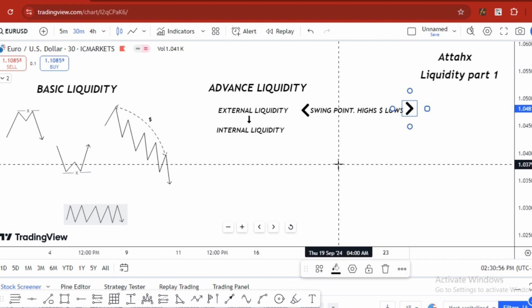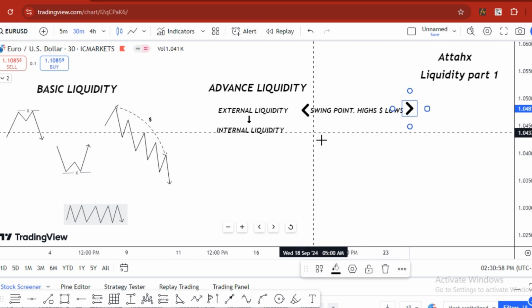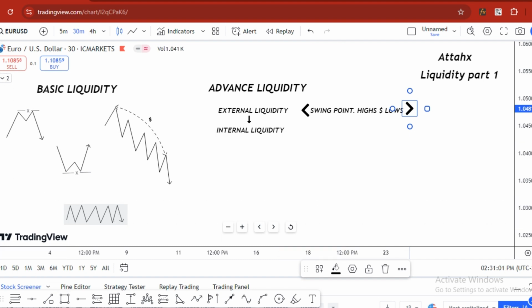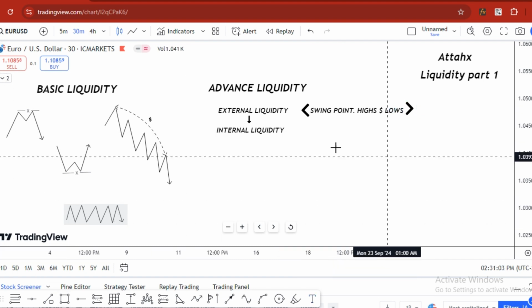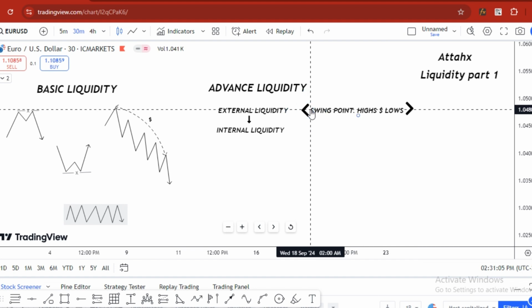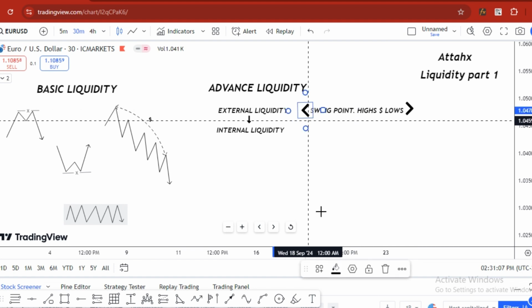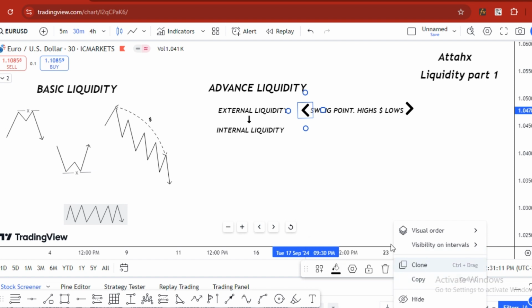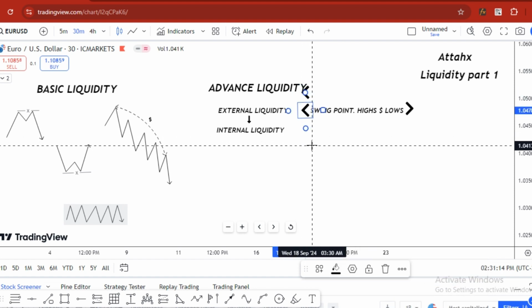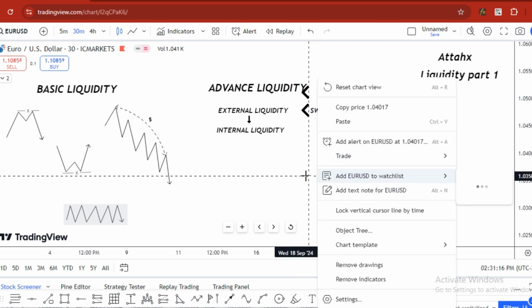All right, so when we talk about the internal liquidity, we are talking about the substructure. Let me clone this.